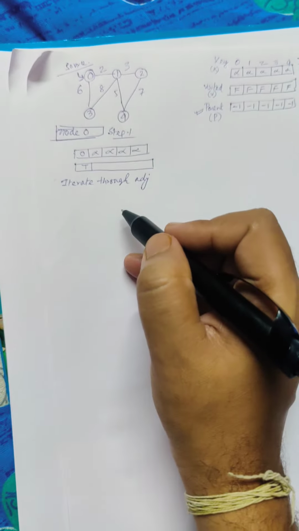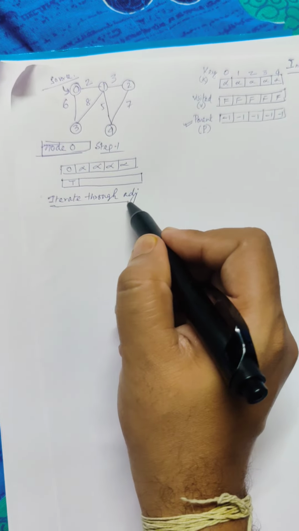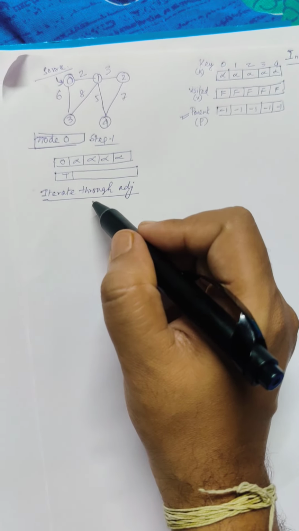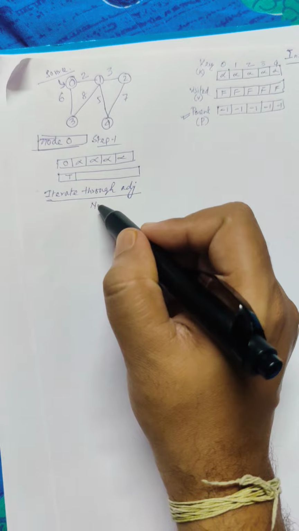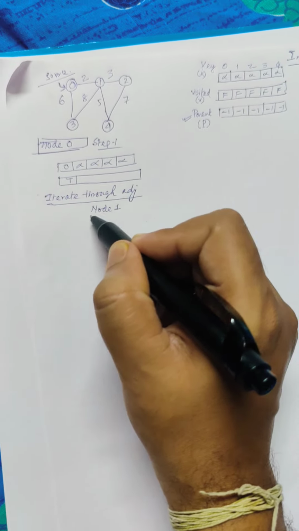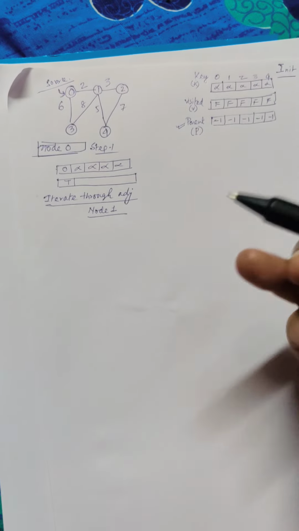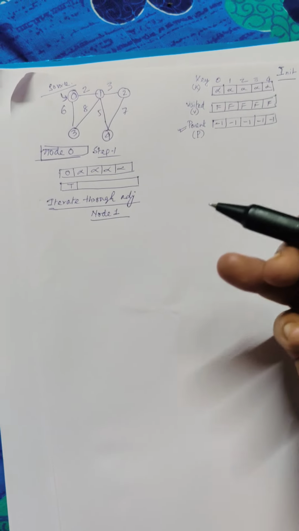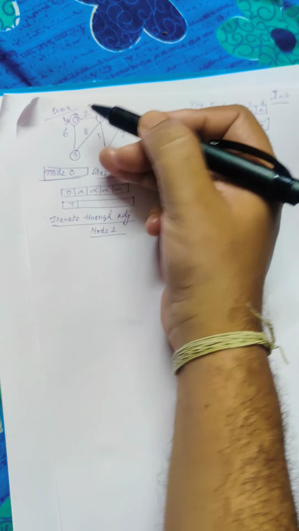How many adjacents are there? In case of 0, we have 2 adjacents, so there will be 2 iterations. In the first, say for example, we consider node number 1, because it is one of the adjacents of 0. What is the value we can put there? For node number 1, the weight, or cost, is 2.